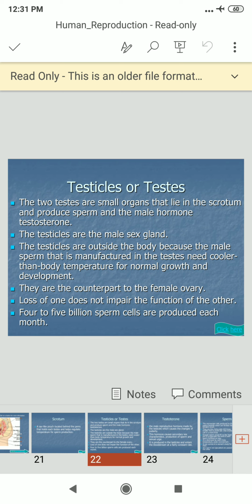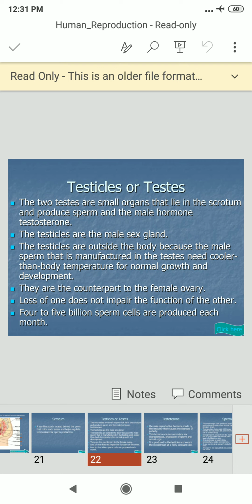The testicles are outside the body because the male sperm manufactured in the testes needs a temperature cooler than body temperature for normal growth and development, and they are the counterpart to the female ovary.